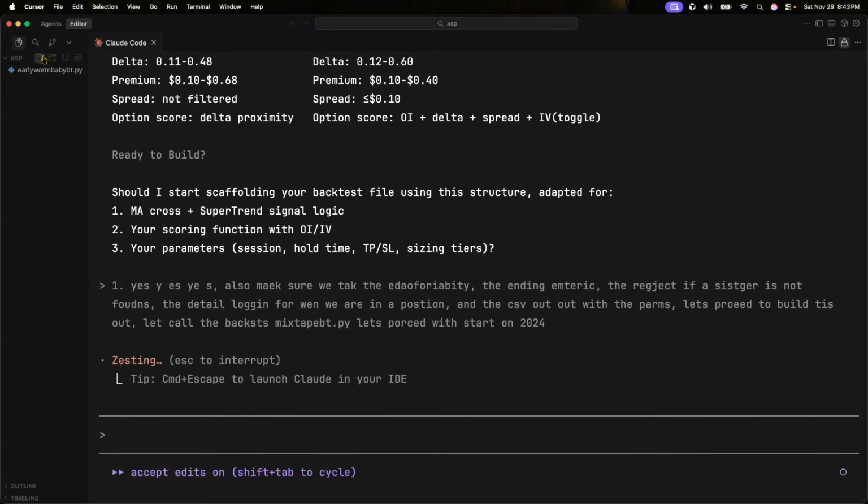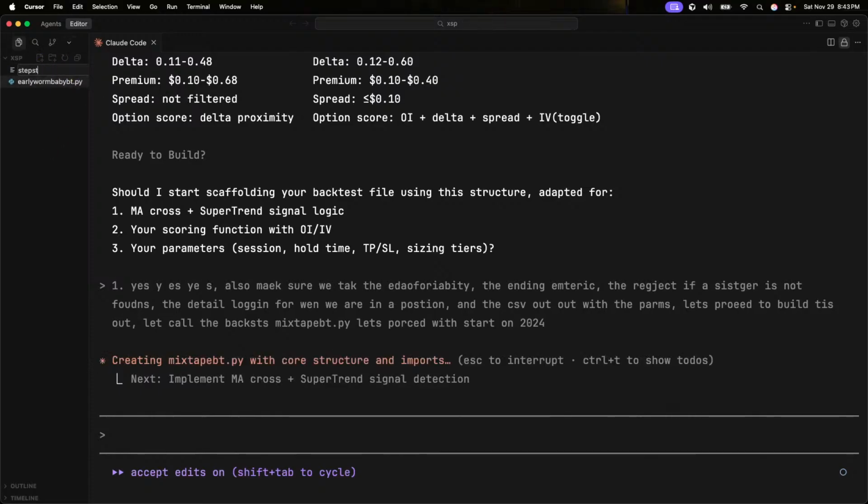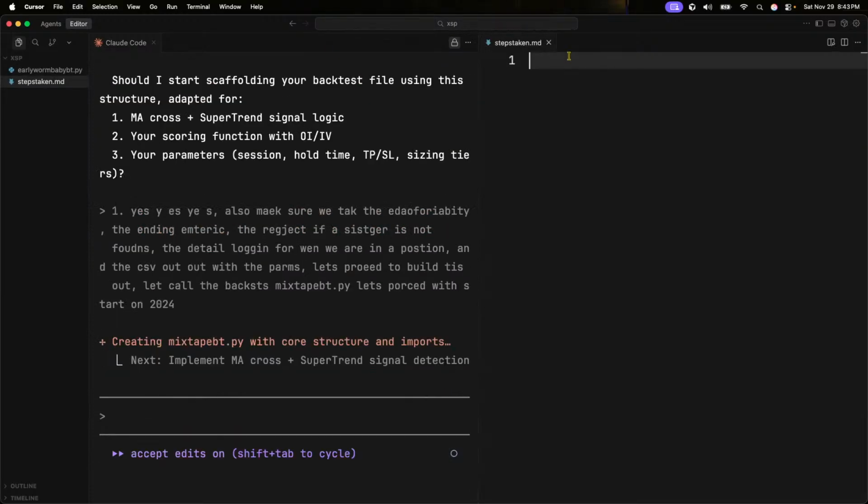All right, beautiful. Oh, you know what I also need is the steps taken. What I'm going to start doing is putting down all the steps that we've taken to build out the strategy, so we can look back and say, okay, why did I make this decision? What made me choose this particular parameter? So we can keep track of it. We're also going to make a mixtape backtest journal.md.